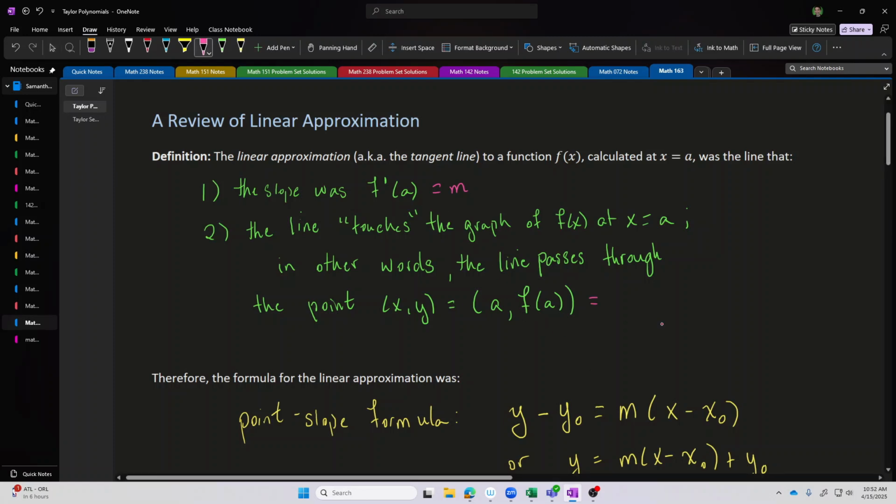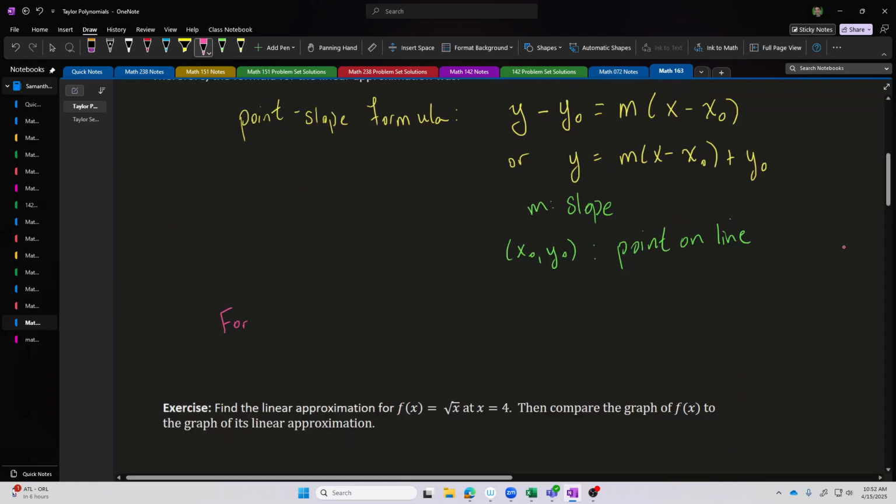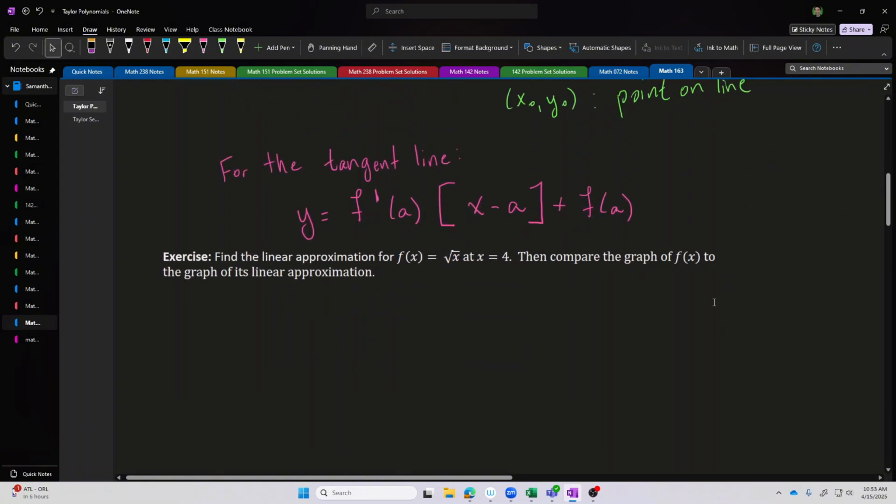This is going to be what the point slope formula calls x naught, y naught. We'll replace the m by f prime. We'll replace the x naught in the brackets by a, and we'll replace the y naught by the output of the original function evaluated at a. So this is the formula for the tangent line. This is the formula for the linear approximation for the function f of x.